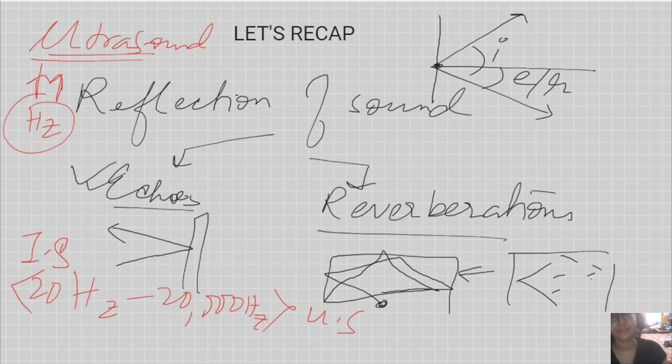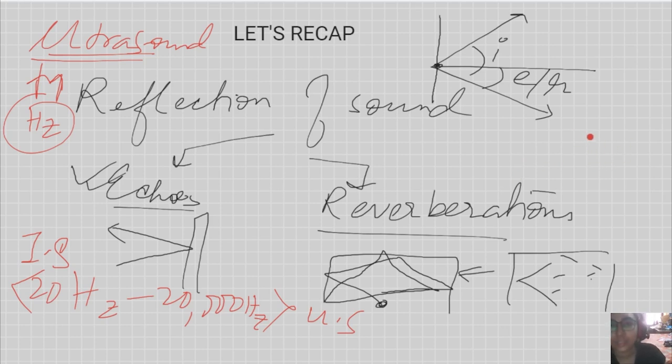Another interesting fact about ultrasound, which I did not mention in the last class, is how bats produce ultrasonic waves. Now, why do they produce it? It's because bats are blind, right? They cannot see.